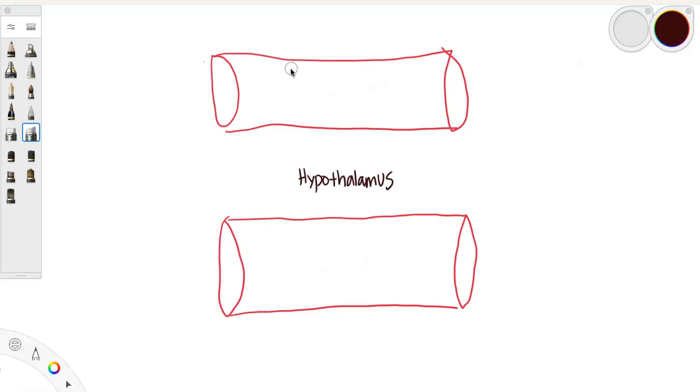And then it did the hairpin turn, came back up the ascending loop of Henle, and solutes got pumped out into the interstitial space and back into the blood. So by the time it gets up to the distal convoluted tubule, the osmolarity is about 100.